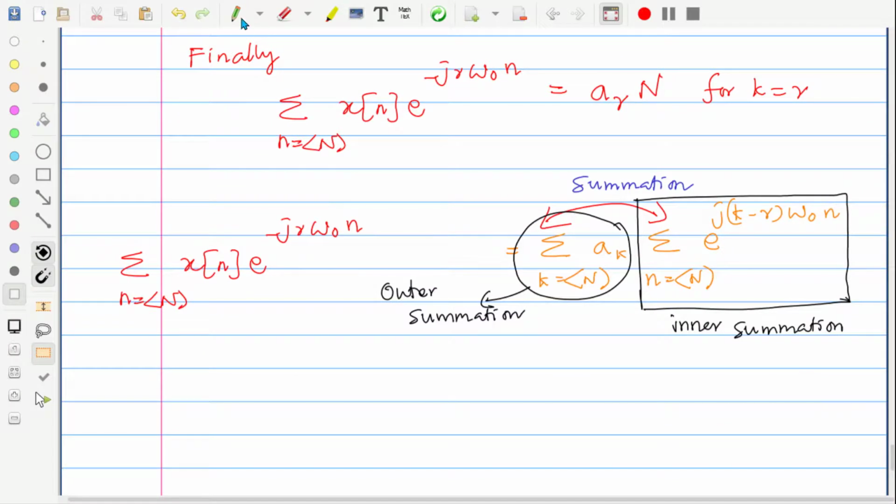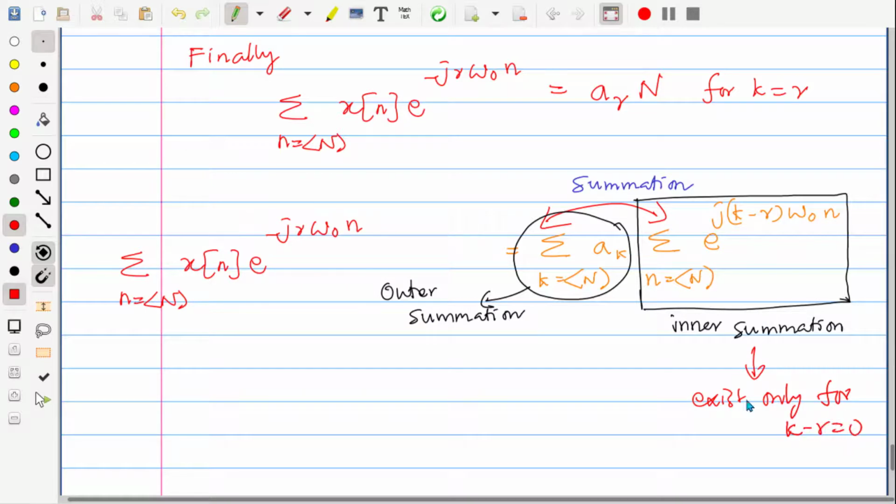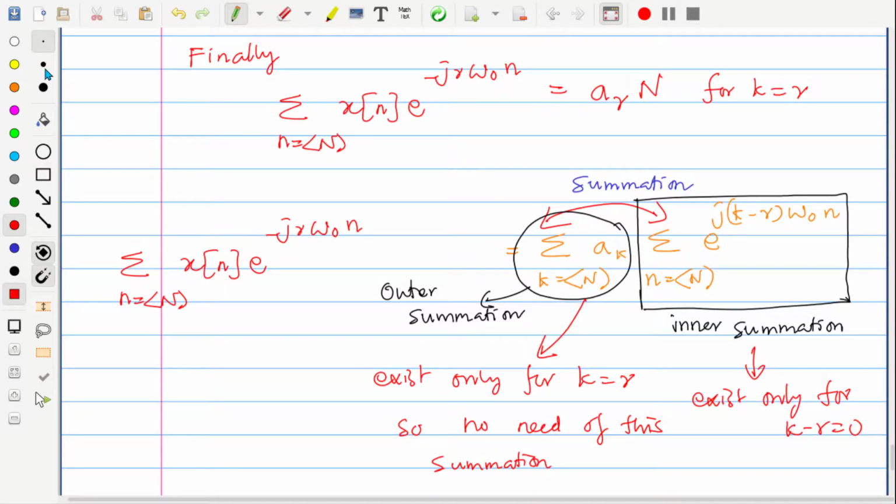We have to note that in the equation, the outer sum, that is summation k within the range n a k, does not exist for other values of k, because it has an existence only when k equal to r, because for other values of k the innermost summation is 0 and both of them will multiply and become 0.